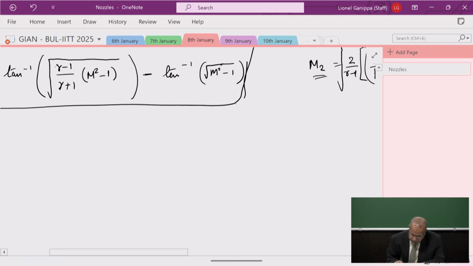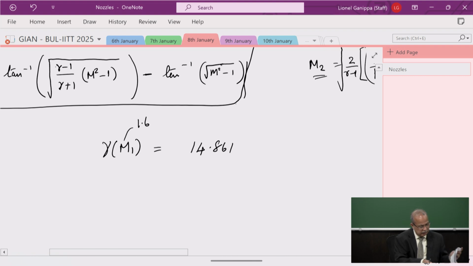Now directly use the table and tell me the value of the Prandtl-Meyer angle. 14.861. This value is for M1 equal to 1.6: go to the table at 1.6 and directly take the value of mu.